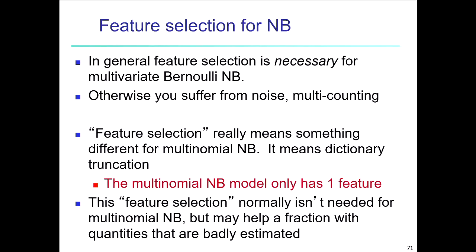Multi-counting, we'll see another example later, but let me give you some idea. It's like Hong Kong. These two words always appear together, but in the Bernoulli model, you actually count them twice.